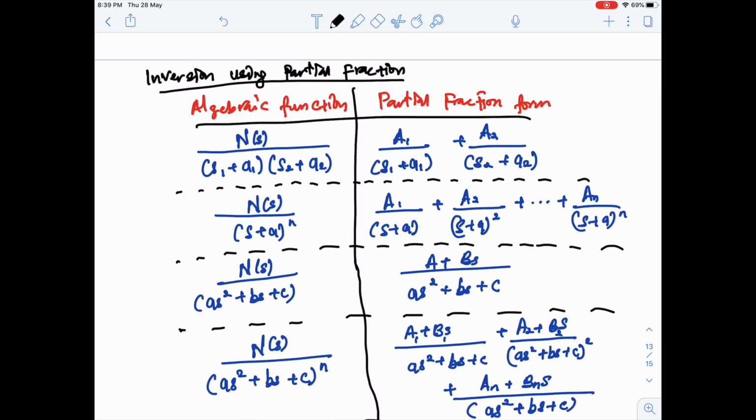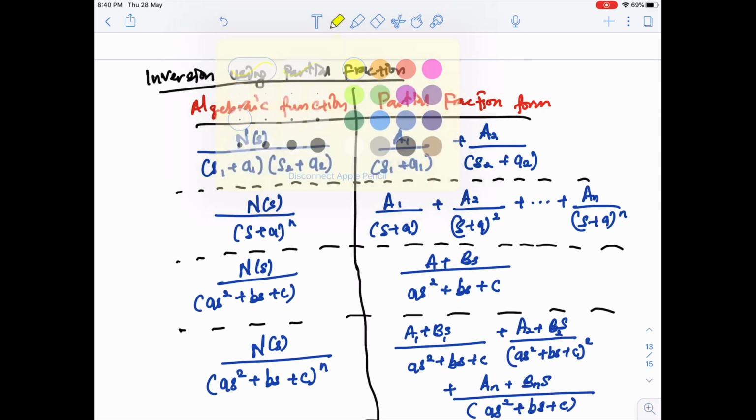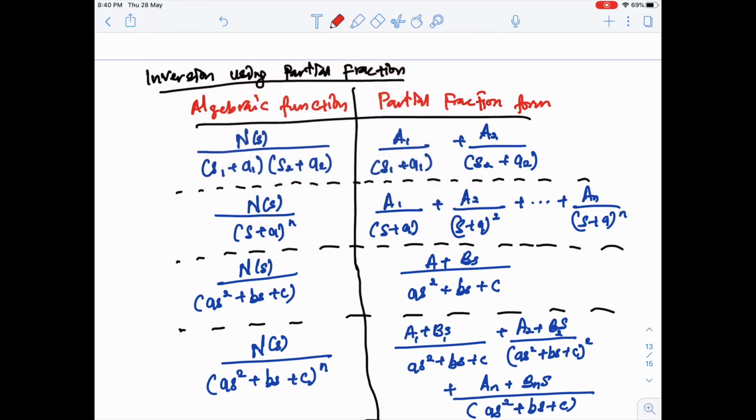The first one is a linear factor. You may look at the denominator over here.